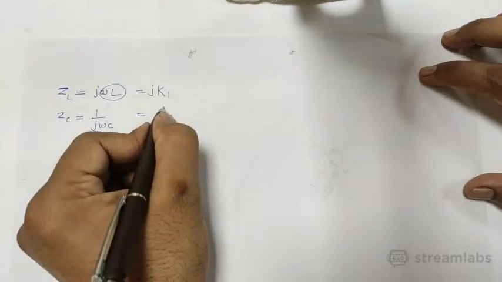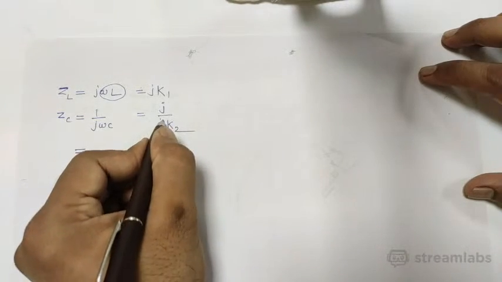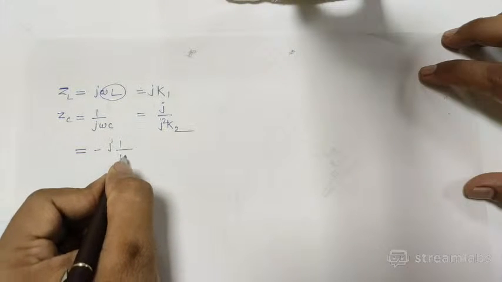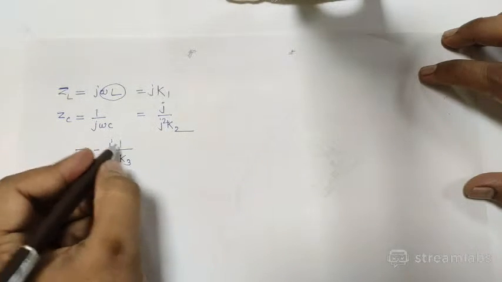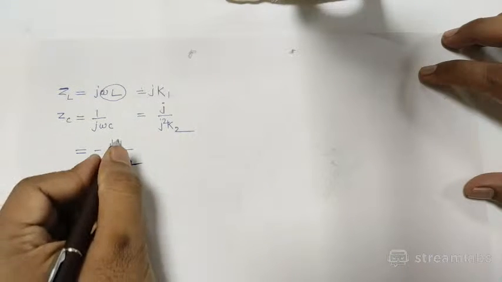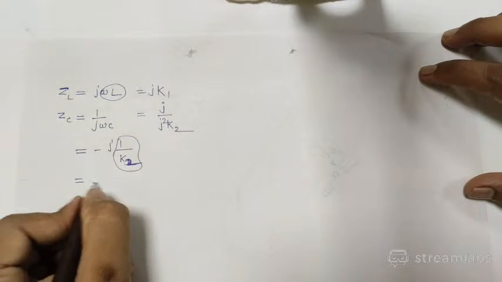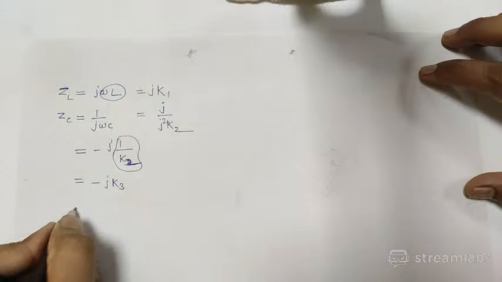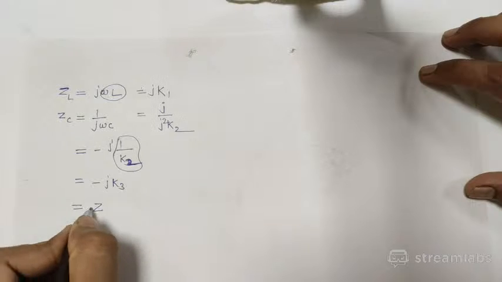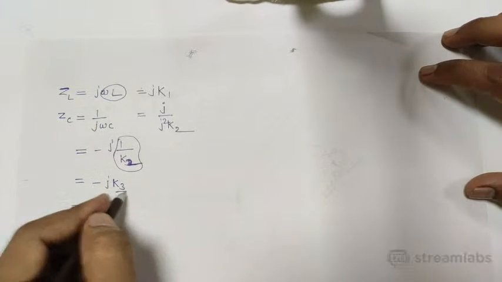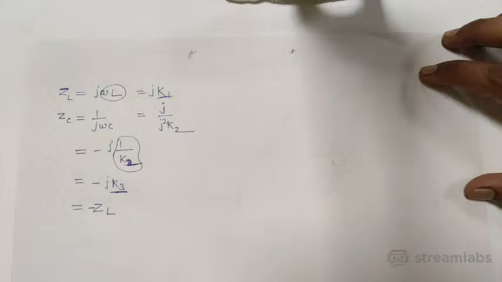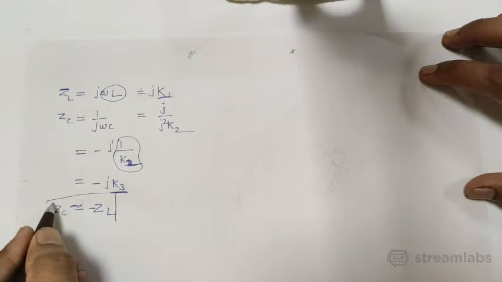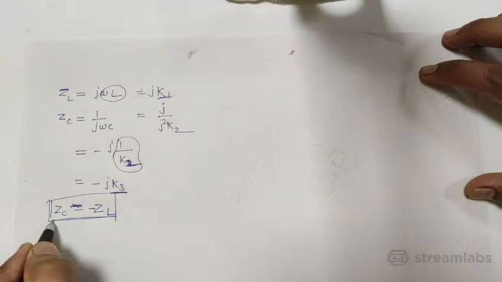If I multiply j in the numerator and denominator both, then this will become minus j upon k2. Okay, so this is again a constant, and this can be seen as minus j into k3, which is again the minus of ZL, because this is a constant, this is also a constant, can be k1 or k3, doesn't matter. So I can say that ZC is approximately equal to minus of ZL.